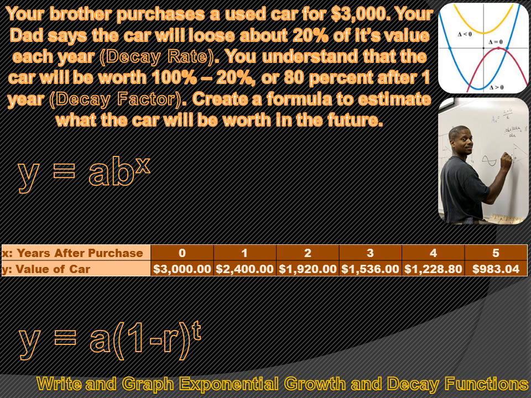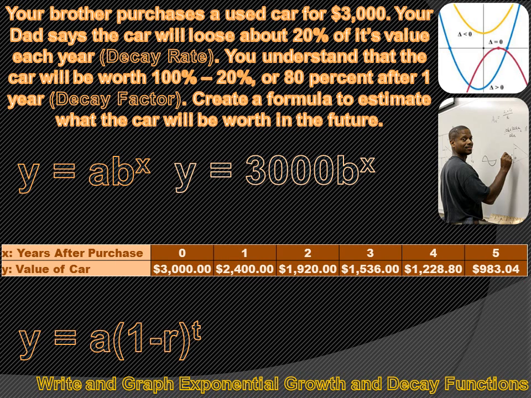Now, if we wanted to put this into an equation, we would first need to figure out what our a, or our initial value, was. And I can see that initially that car was worth $3,000. So I could insert 3,000 for a, and my equation would be y equals 3,000 times b to the x power.